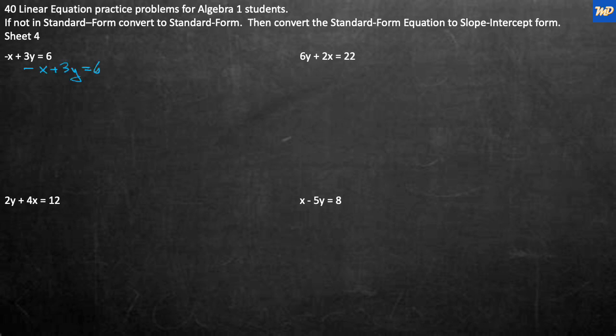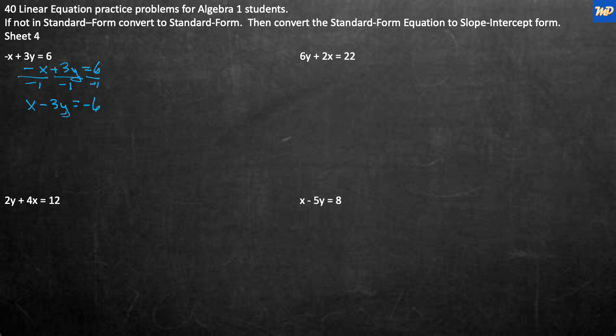I'm going to divide this by negative 1, this by -1, and the 6 by -1. Our formula is now x minus 3y, because the -1 converts that positive to a negative, and that equals -6.